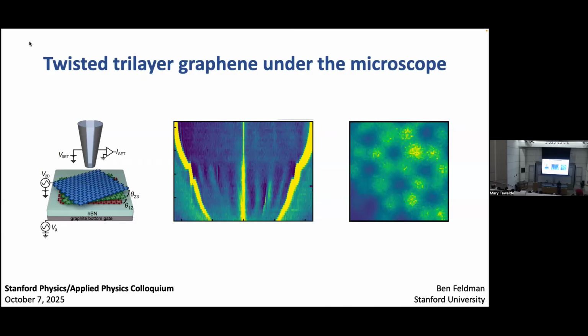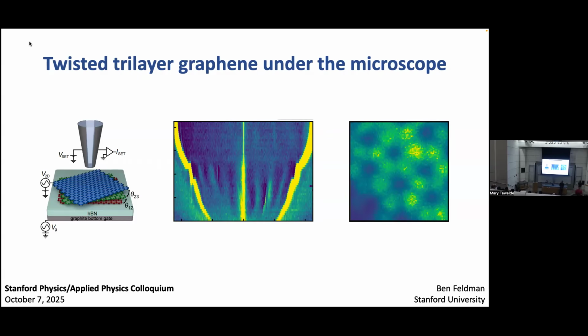colloquia, mostly because I think the colloquia given by people locally tend to be quite good, and today is one such case. So our speaker is Ben Feldman, who many of you know. Ben works in the area of condensed matter physics, and he works in a very active, exciting, and rapidly growing subfield of condensed matter physics.